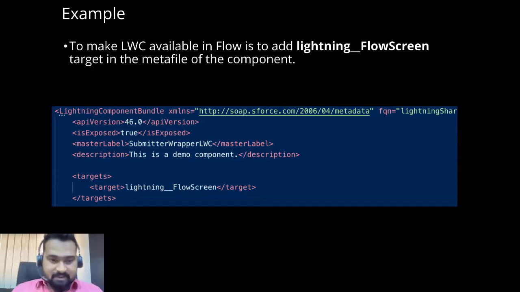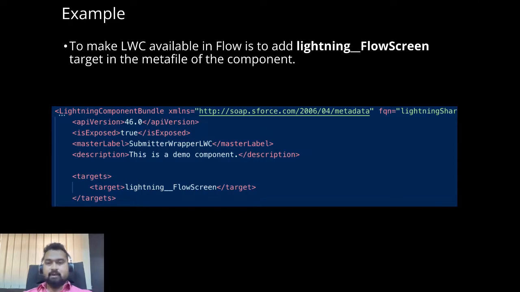The next important thing is the target, which you are going to use. The targets define where this Lightning Web Component will be used. You can use it on record pages, on Experience Cloud sites, and you can also use it on flow screens and other places. So in here, for example, we are talking about flows. You have to add the target lightning__FlowScreen.